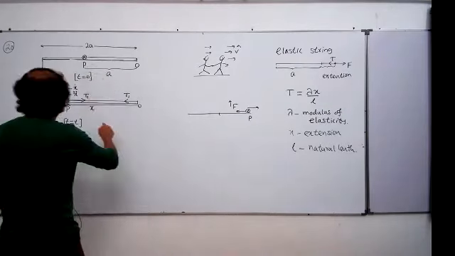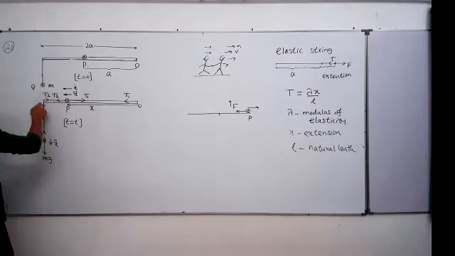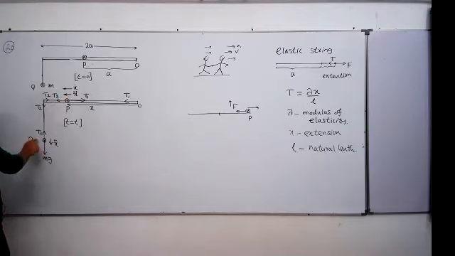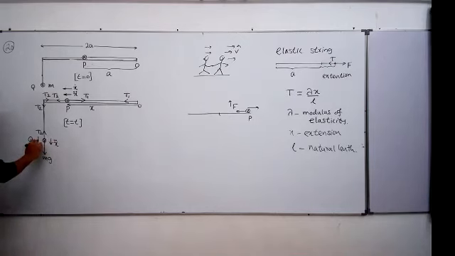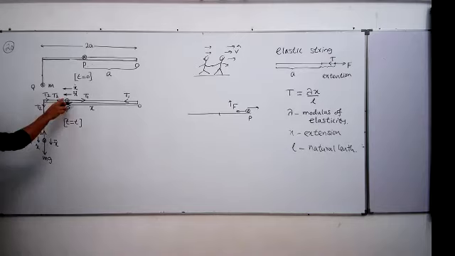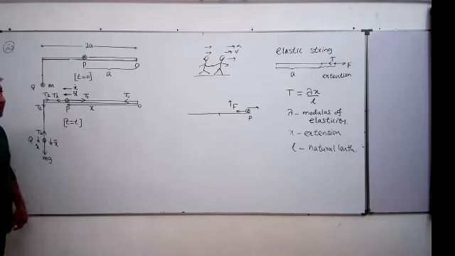Like that, the string is inextensible. Therefore, the velocity and acceleration of the particle P are equal to this. The same acceleration, the same velocity, because this is inextensible, like this situation.